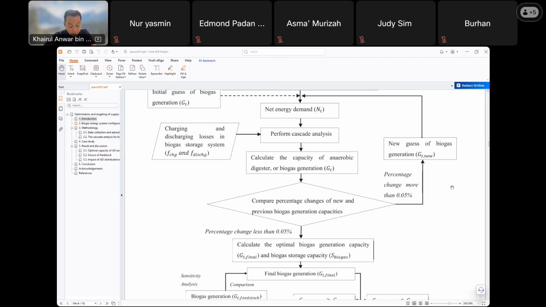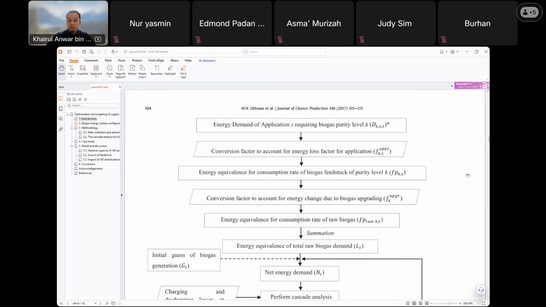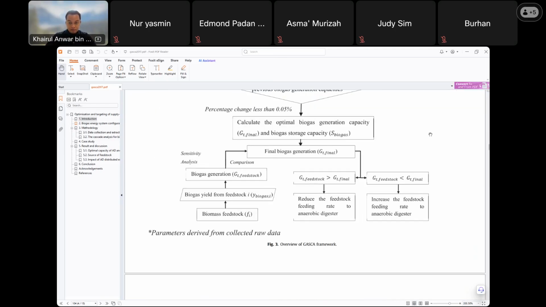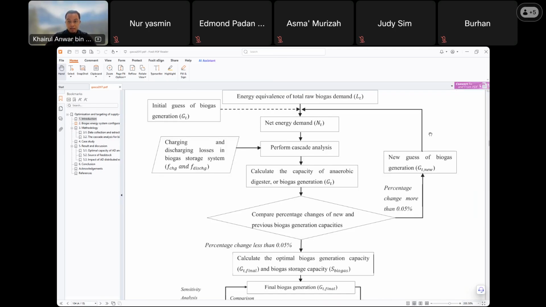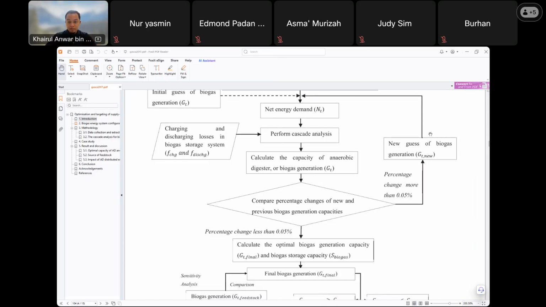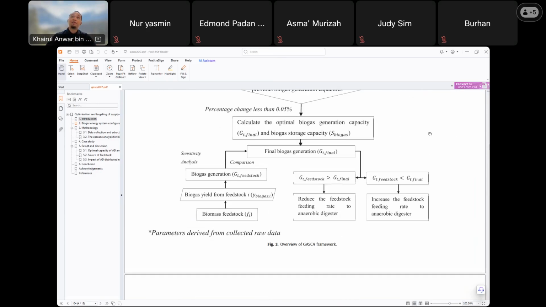So the overview of the GESCA framework is shown in figure 3. In figure 3, this is what you need to do in order to start from the initial installation of GESCA to the final GESCA.